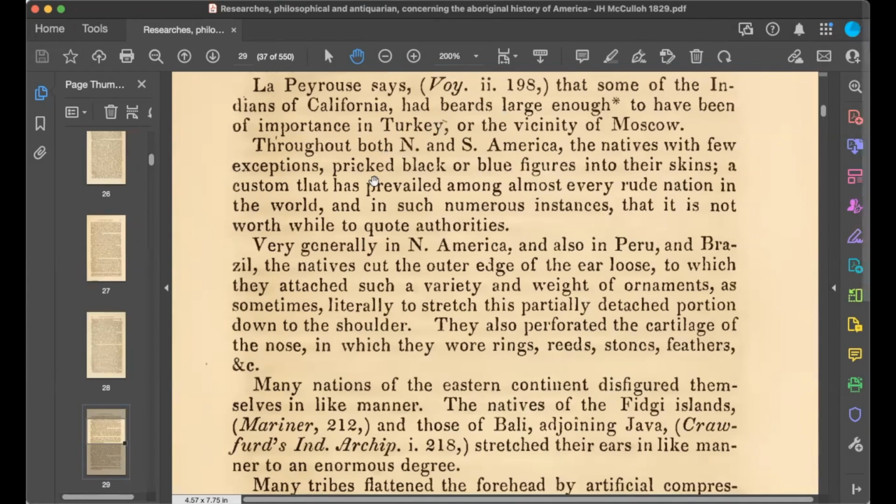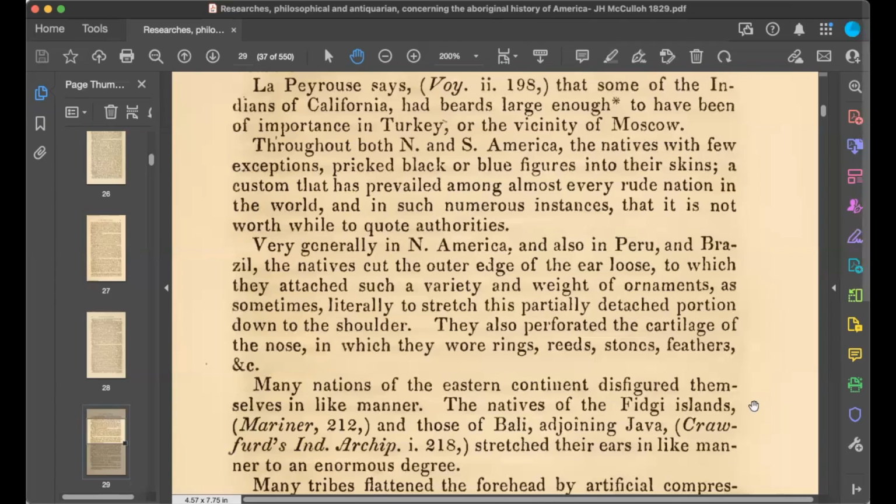Now we're going to talk about the piercings and body modifications, anything they did to the ears or nostrils or anything like that. Tribally, it's going to start referring to those accounts throughout both North and South America. The natives, with few exceptions, prick black or blue figures into their skins, a custom that has prevailed among almost every rude nation in the world, and in such numerous instances that it is not worthwhile to quote authorities.